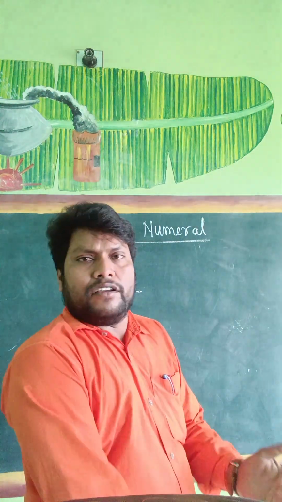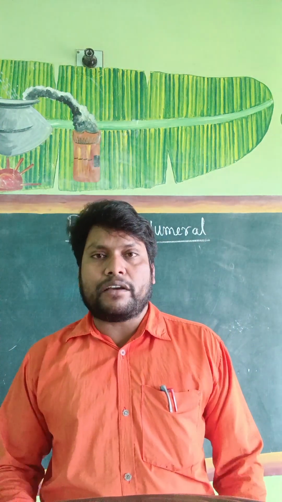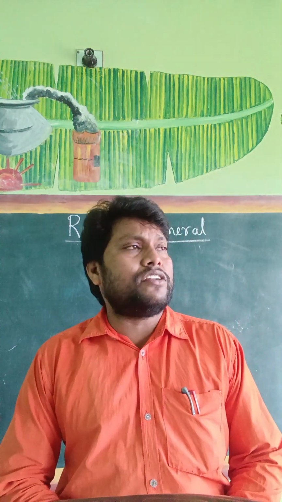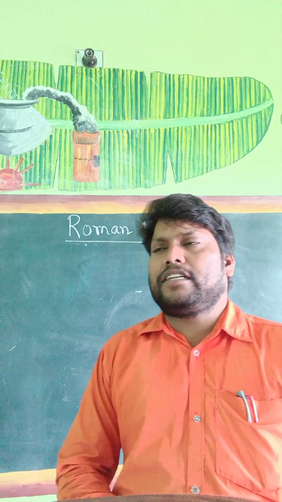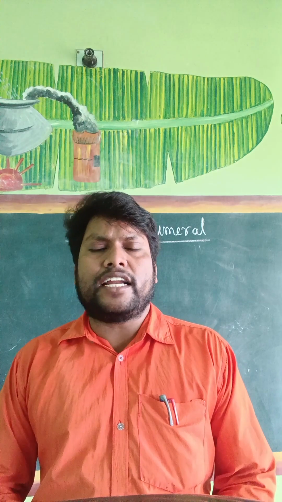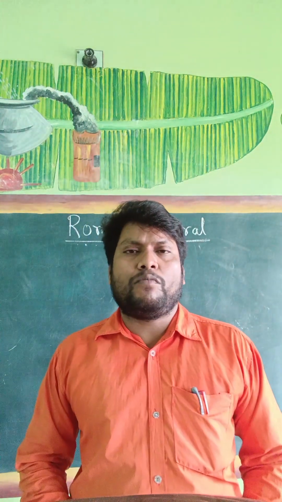Next time I will give some problems on the basis of this chapter, Roman numerals. Basically the students of standard 3, 4, 5, 6 and sometimes standard 7 in CBSE have this topic, Roman numerals.